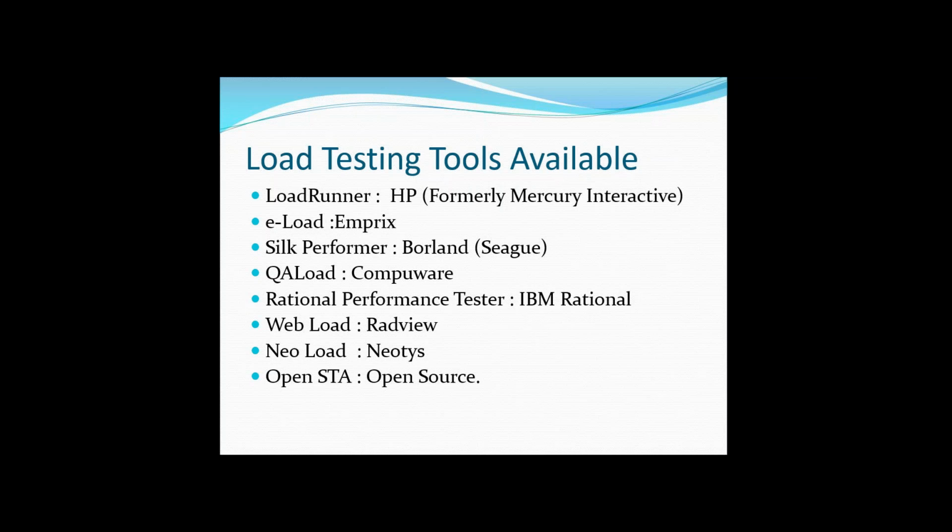We have WebLoad, NeoLoad, OpenSTA, and also we have Soasta, which is a cloud performance testing tool, and also we have JMeter. The only disadvantage of the LoadRunner tool is the cost associated with the tool, but in the long run, we can get a better return on investment when you do projects with HP LoadRunner.